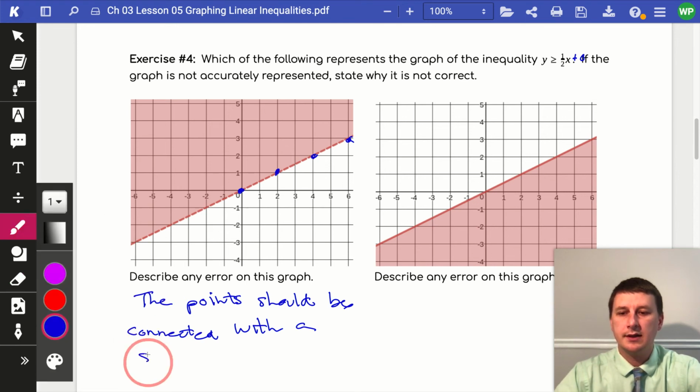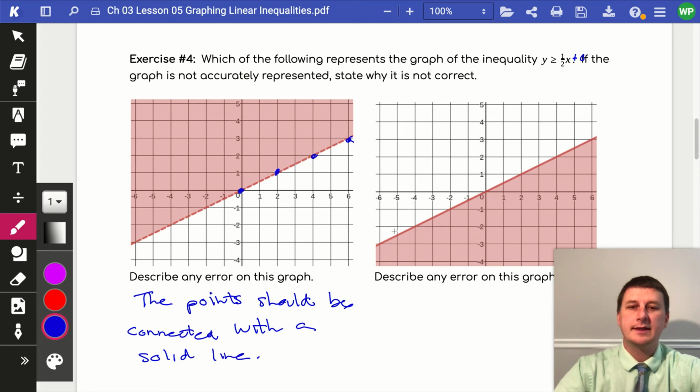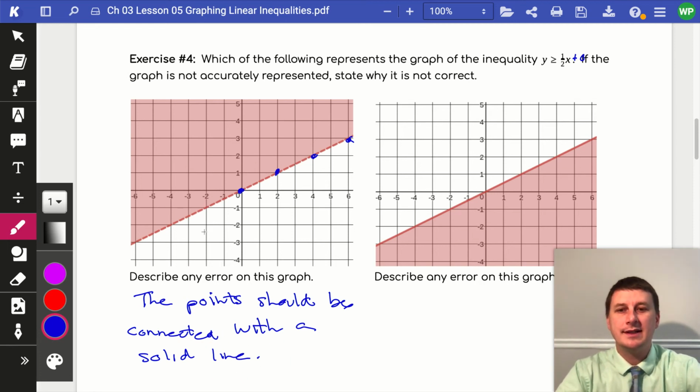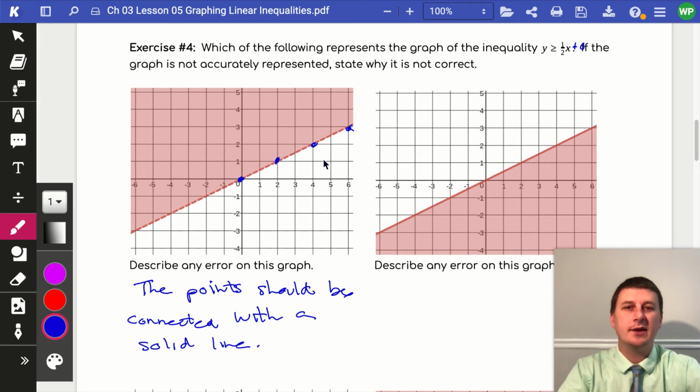And that's not what's going on here. This is a dashed line. And be careful. I know a lot of people like to say connect them with a straight line, but all lines are straight. So don't say with a straight line, say with a solid line or a dashed line. In this case, a solid line. But we're not done yet. We have to make sure there's no other errors on this graph.